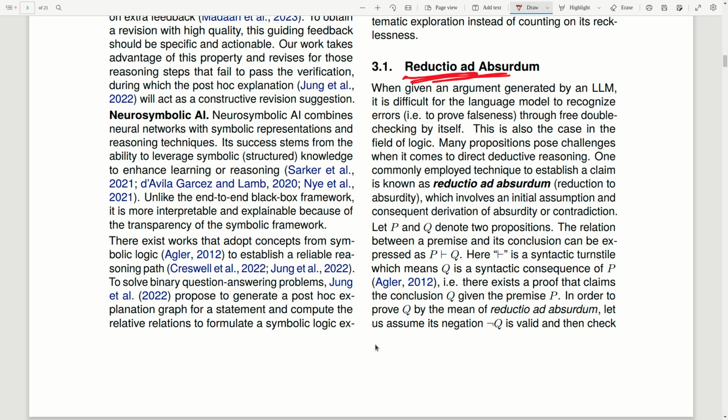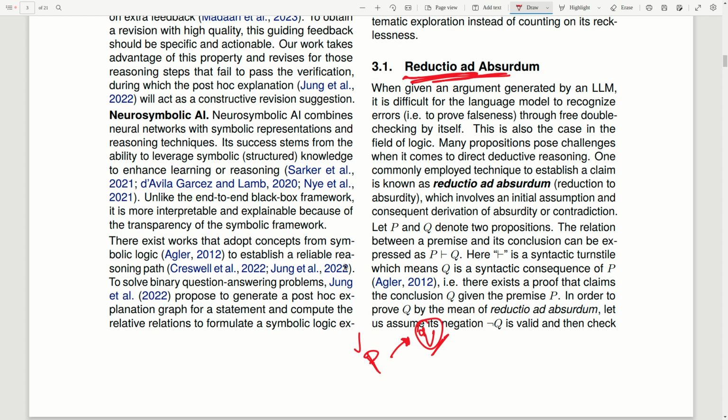So the premise here is that the Earth is flat, but the consequence of this premise is that we will definitely find people falling off the edge of Earth, and let's say that is Q. Since Q is not true, and we know that, we can falsify this premise P, so P is also false. So this idea is called reductio ad absurdum.